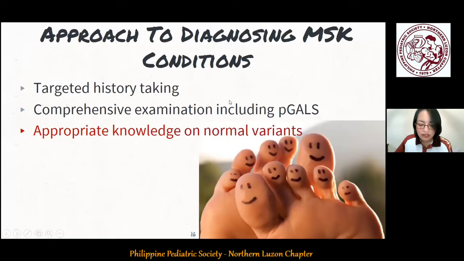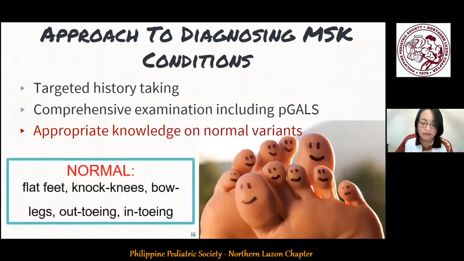So many children have minor developmental variants of the musculoskeletal system that will be obvious to us on examination. These were all discussed by Dr. Leong thoroughly. So it is very tempting for us to ascribe limb pain to these minor abnormalities such as flat feet, knock knees, bow legs, outgoing and intoeing.